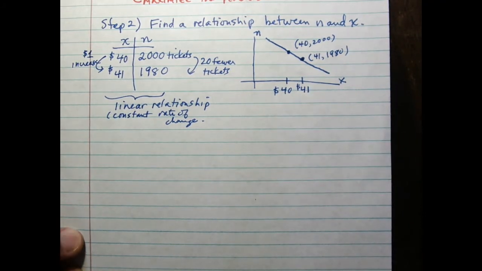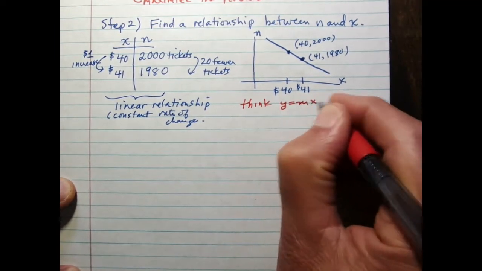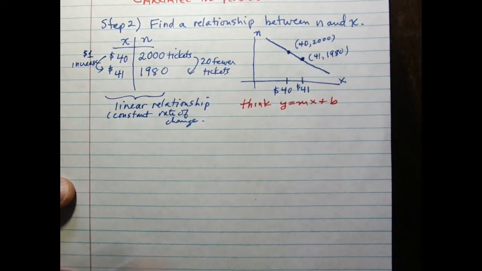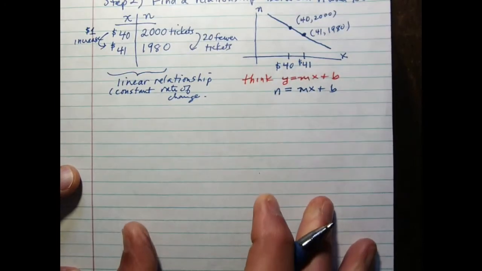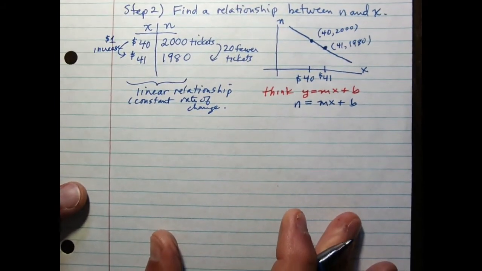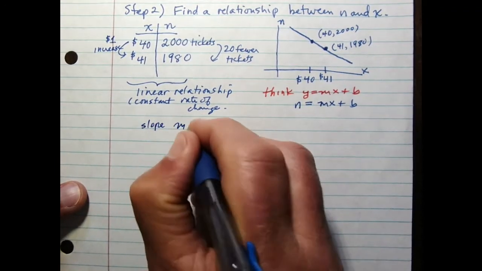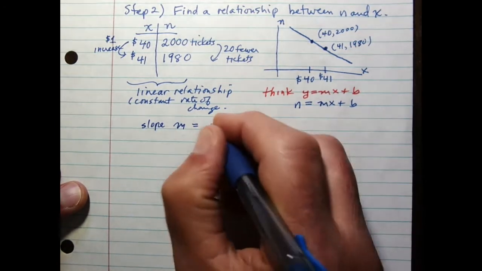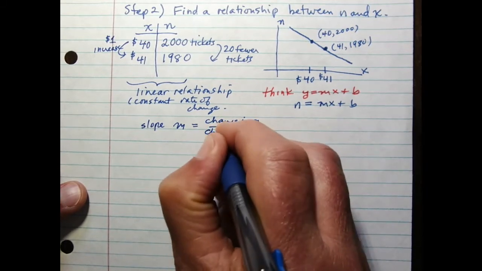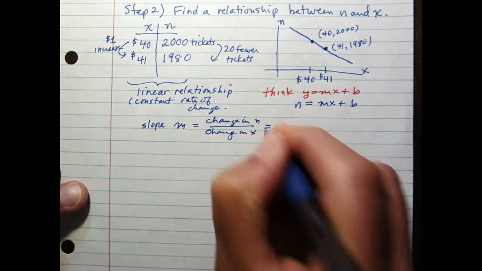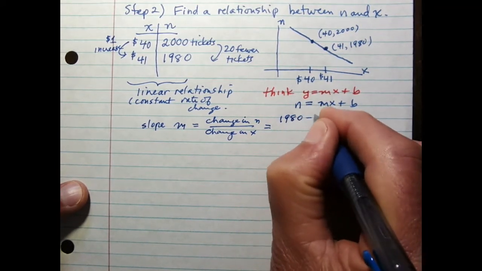Now I'm thinking y equals mx plus b. But I'm actually going to write n equals mx plus b because we have variables n and x, right? So the slope, m, is going to be change in output per change in input, change in n over change in x. I could just subtract 1980 minus 2,000.